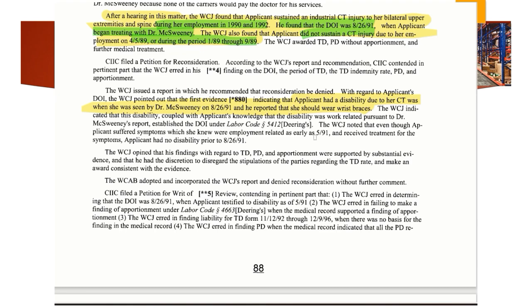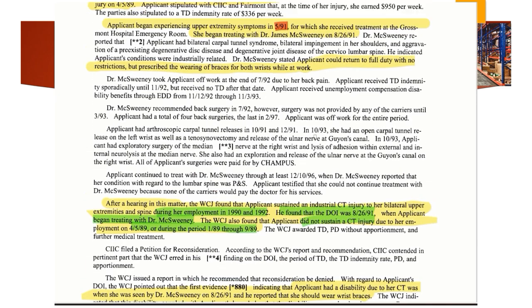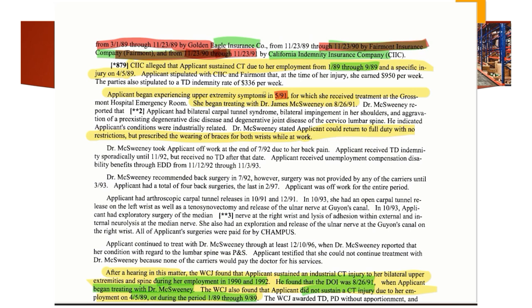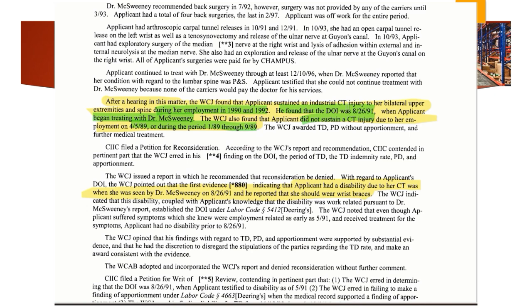Now actually this injured worker Wagner learned in May 91 that her symptoms were due to work. So it was in May 91 that she had the knowledge. So the first box is checked in establishing the date of injury. That is the knowledge. The first box was checked May 91. But the second box, the disability, was not established until later on 8/26/91.